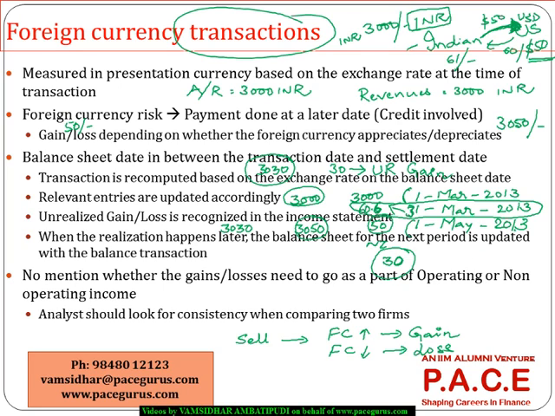Now on 1st May, when you are actually receiving cash, you will remove this accounts receivable of 3030, you will make the cash 3050, and in that year you realize the gain of 20 more, because what you are getting is 3050, which is 20 more than what the balance sheet date specified.